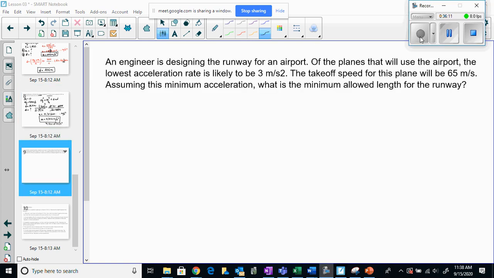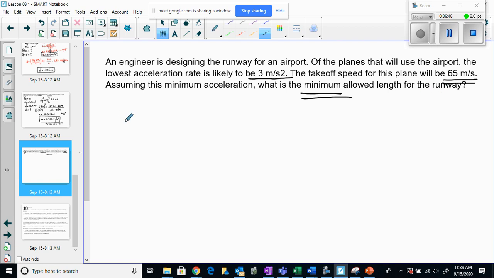Okay, so now we have the last example here. The acceleration is 3.3 meters per second squared, and it takes off. The speed for this is 65 meters per second. Assuming that minimum acceleration, what is the minimum allowed length of the runway?